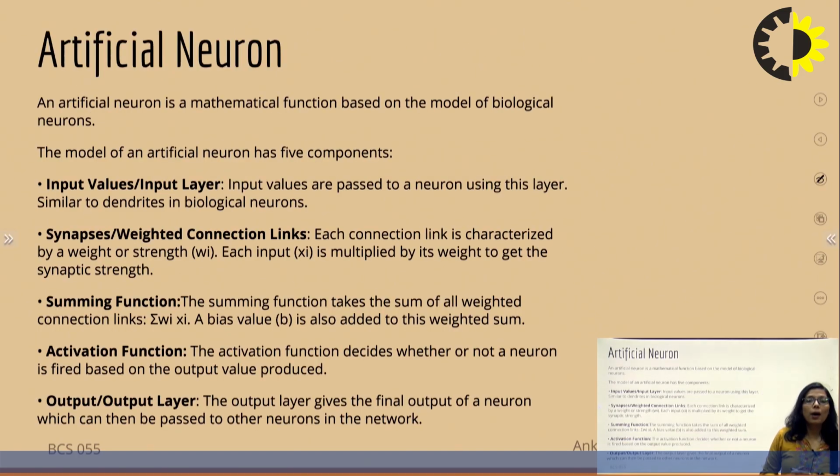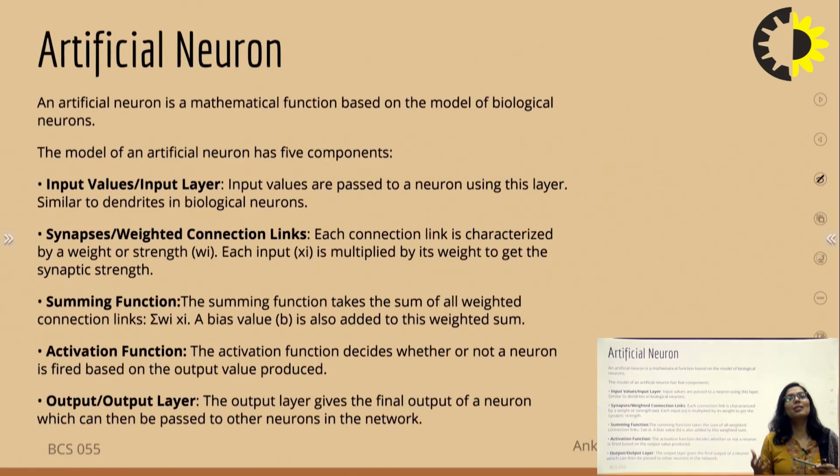Now, when we talk about an artificial neuron, it is just similar to the structure of a natural neuron. In it we have an input layer in which the input values are passed to the neuron using this layer, similar to the dendrites of the biological neuron. Then I have synapses. Synapse means one neuron is connecting to the other neuron.